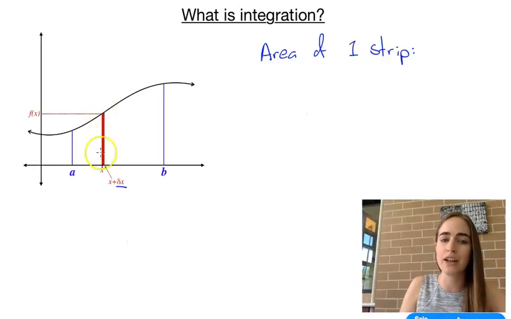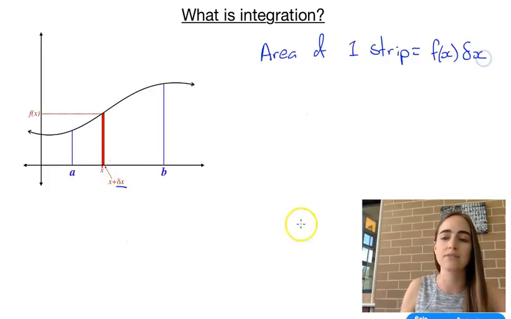But if we could draw it and imagine it being infinitesimally skinny, then its height would be f of x, its width would be delta x, and it would be the shape of a rectangle. So the area of one strip would be equal to that f of x, so the height of that rectangle, multiplied by the width of that rectangle, which is that delta x. So that's one rectangle. But we want an infinite number of those rectangles all the way along, all added together.